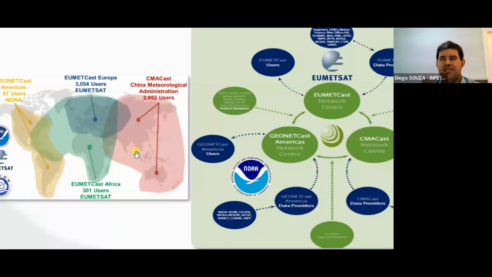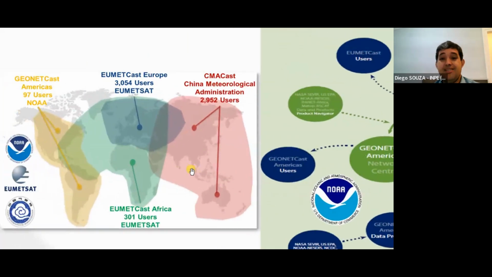We also have, as mentioned on the fourth day, another system called HimawariCast, provided by the Japanese Meteorological Agency. However, HimawariCast is not part of the GeoNetcast network. It is just a delivery mechanism created by JMA, but it's not under the GEO ecosystem, okay?